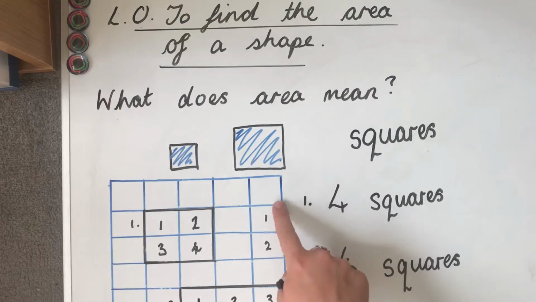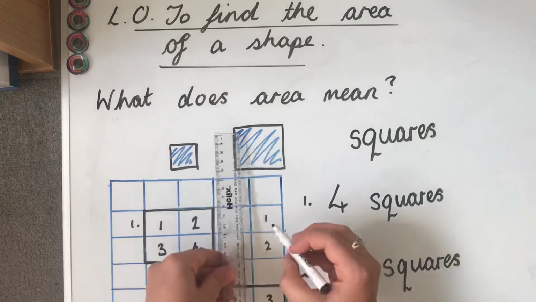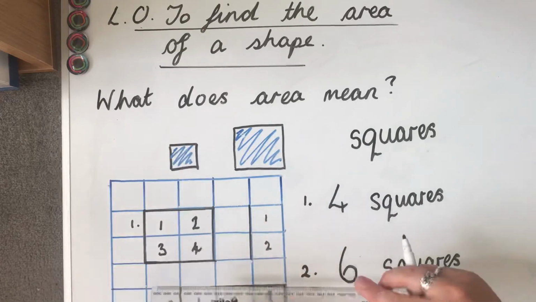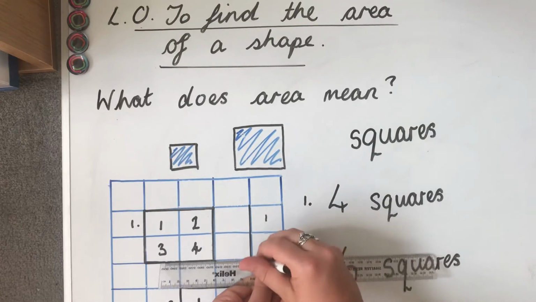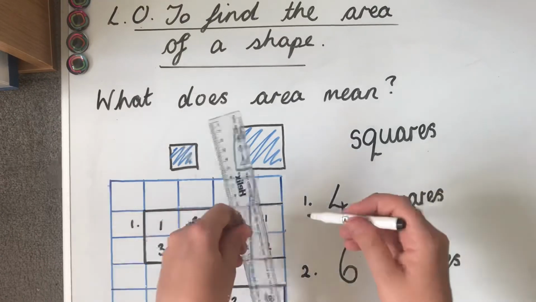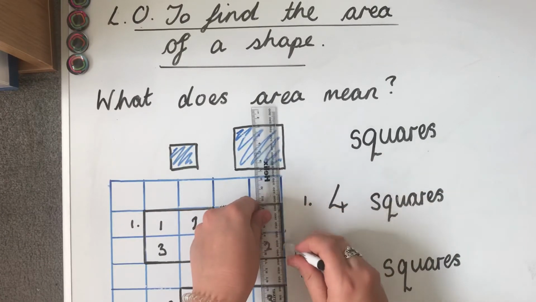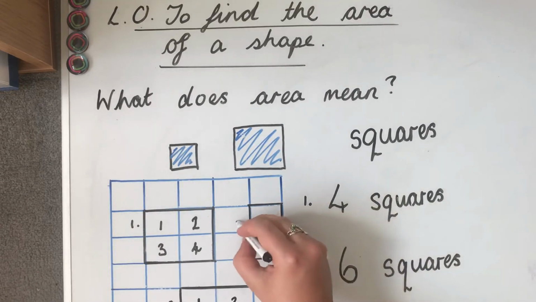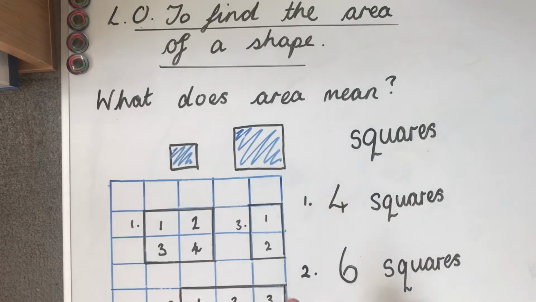So I'm going to draw a shape around these 2 squares. There we go. So my third shape, number 3, I've drawn a shape with an area of 2 squares.